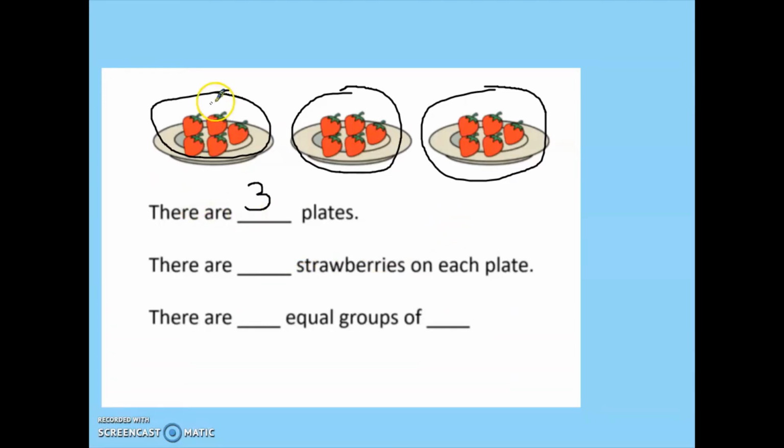Let's count again. 1, 2, 3, 4, 5. And having a look, yep, it looks like there's 5 on there and 5 on that one too. So there are 5 strawberries on each plate. So there are 3 equal, because they're all the same, groups of 5. Well done if you said that.